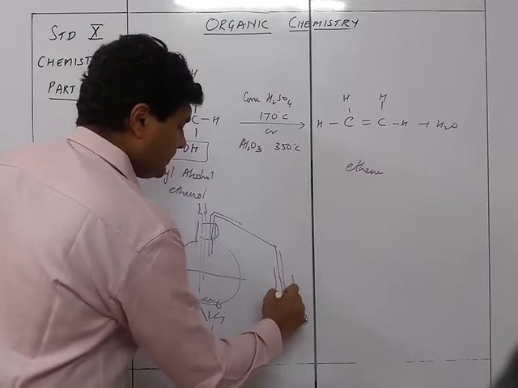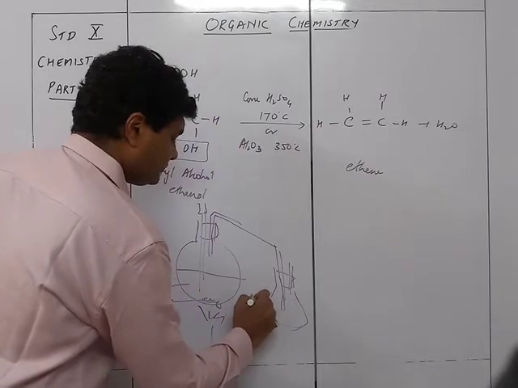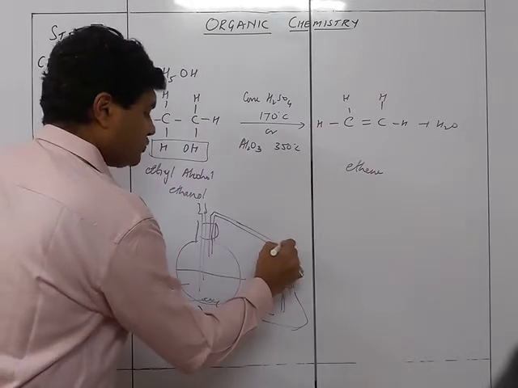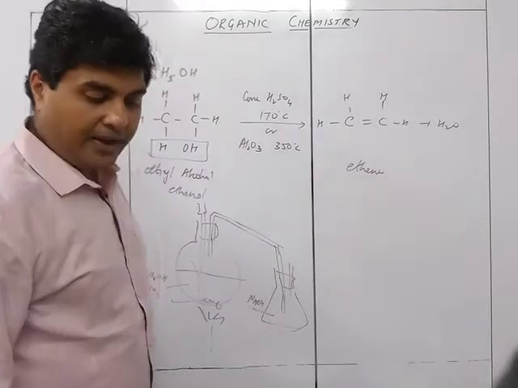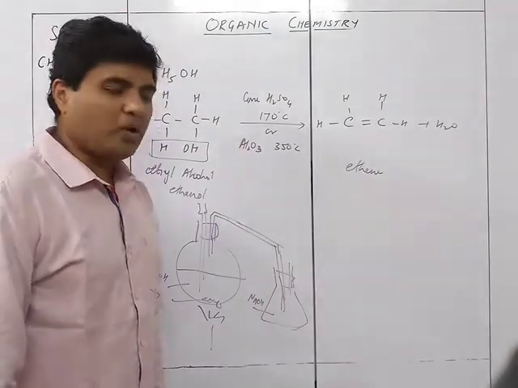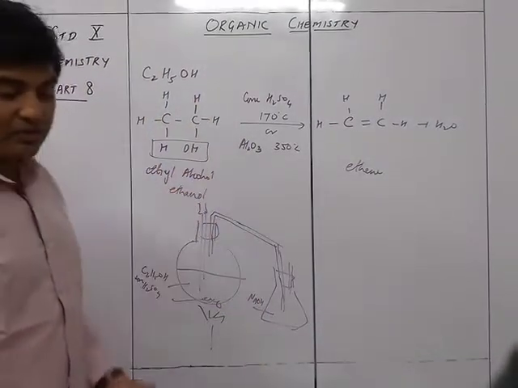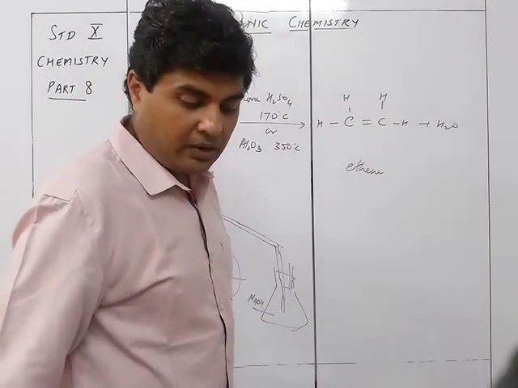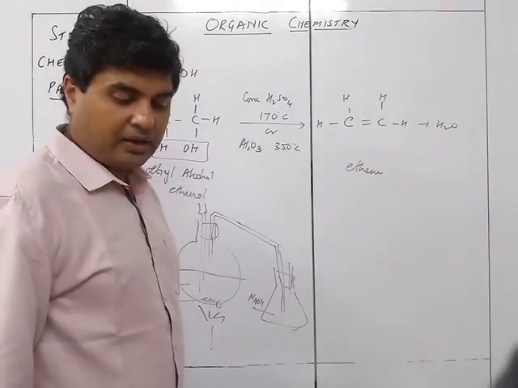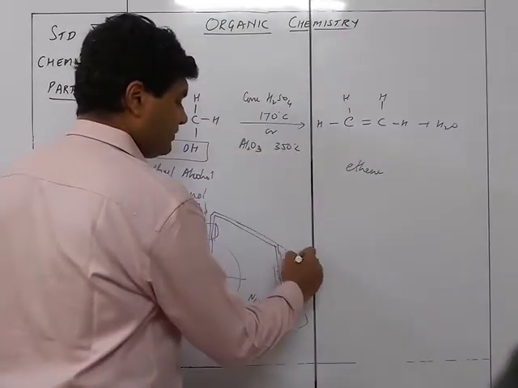When you pass it through NaOH, the moisture will be absorbed. The carbon dioxide and sulfur dioxide, which are there as impurities, will also be removed, and the gas given out will be ethene.